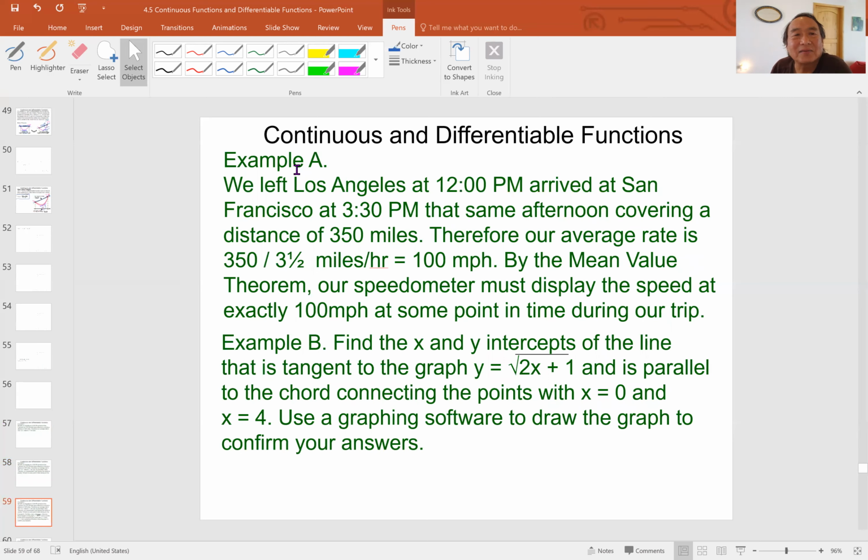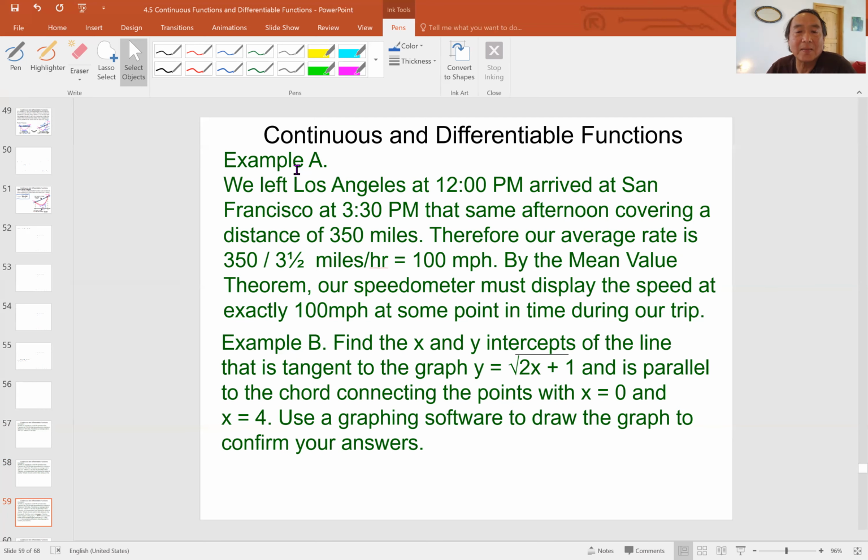But what kind of exercises can we use? We ask about this type of theorem, and there really isn't much. The other type of exercise, example B, will actually ask you to calculate and find out where this value c is, with parallel slope. Where is this value c exactly?